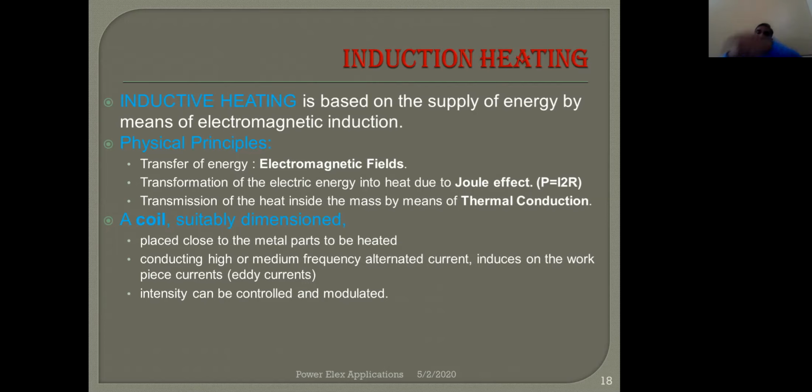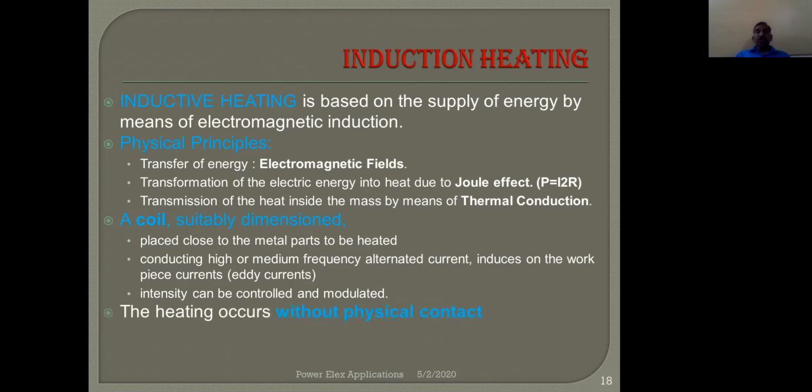This coil must be wound in a good chamber so that it is not open. It conducts high frequency AC currents, and these induce energy on the workpiece, that is, the metal object, by eddy current methods.